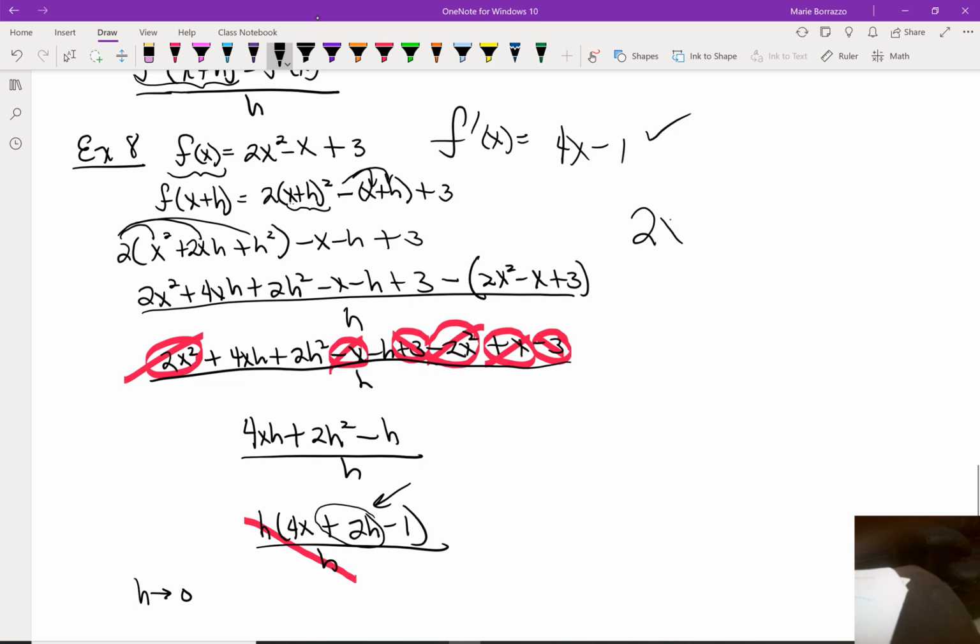Notice that I had 2x squared. 2 times 2 is 4. Take away an exponent, you're at 1. This is a constant. You had a minus x, technically minus x to the 1. 1 times negative 1, well, that's minus 1. If I take away 1, I'm back down to 0, which means it's a constant. This is a little calculus fun. Have fun.